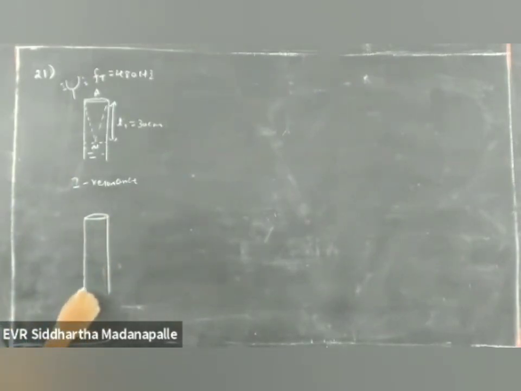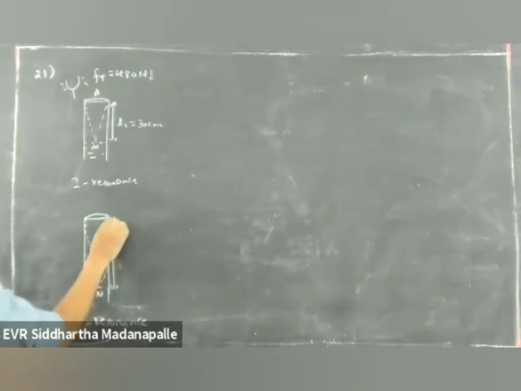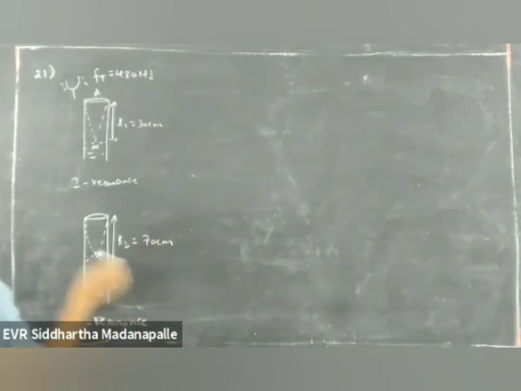So successive resonance means here this is node, ఇంకో నోడ్ ఫామ్ అవ్వాలి ఇక్కడ, అంటే సెకండ్ హార్మోనిక్. ఫస్ట్ హార్మోనిక్, సెకండ్ హార్మోనిక్. Length given L2 is equal to 70 centimeter. సేమ్ ట్యూనింగ్ ఫోర్క్, అదే ఫోర్క్ తో ఎక్స్పెరిమెంట్ చేశారు.